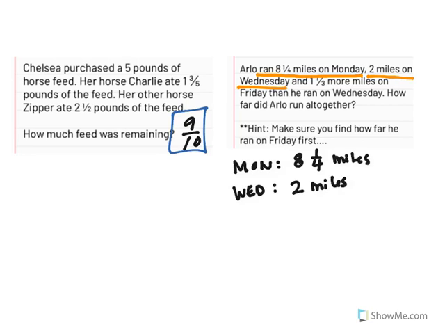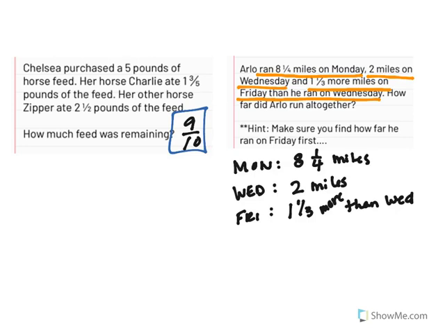Then on Friday, he ran 1 1/3 more miles than he ran on Wednesday. So on Friday, he ran 1 1/3 more than Wednesday.